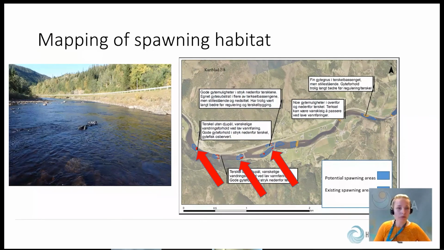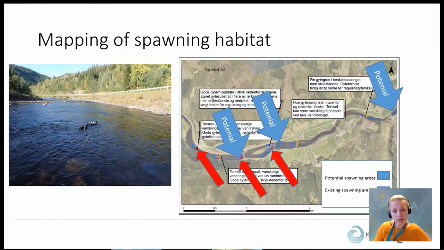The area was also mapped for potential and actual spawning habitats. These red arrows show the existing spawning habitats where fish can spawn, and the blue arrows show where we have potential spawning habitats if you make some adjustment here.